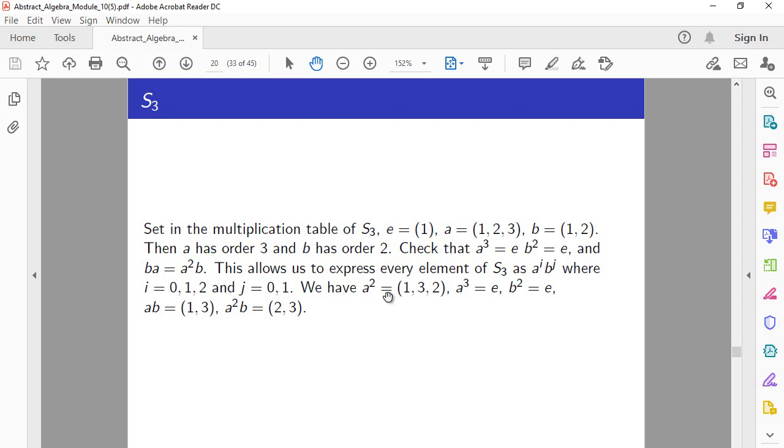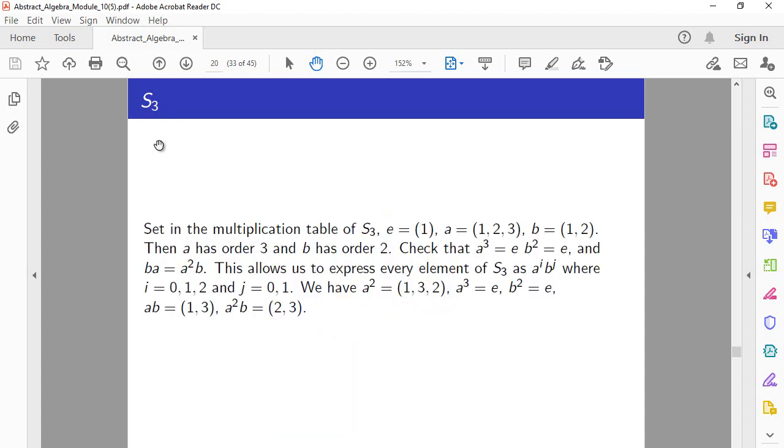So for example, a squared is (1, 3, 2), a cubed is the identity, b squared is the identity, ab is (1, 3), a squared b is (2, 3). So anytime we have a group of order 6 where we have an element of order 3 and an element of order 2, and they satisfy this equation here, then that's going to be identical to S3.